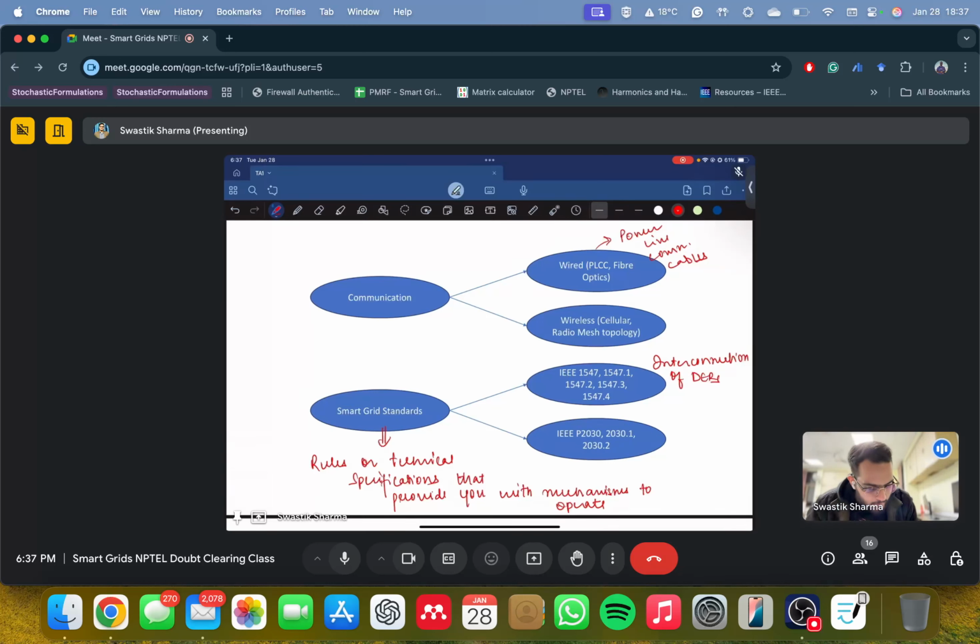And P2030 sets rules and guidelines for interoperability. So it develops three layers: physical layer, communication layer, and ICT layer. Right, ICT, I'm sorry. ICT is communication, and I should say cyber security.